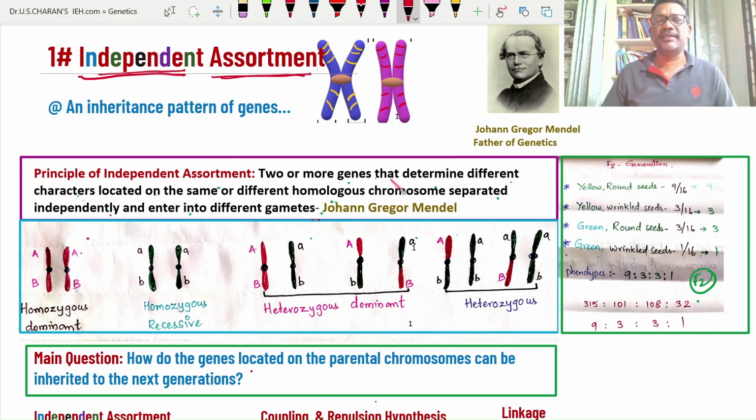Two or more genes that determine different characters, located on the same chromosome or different homologous chromosomes, separate independently during the meiotic division and enter into different gametes.